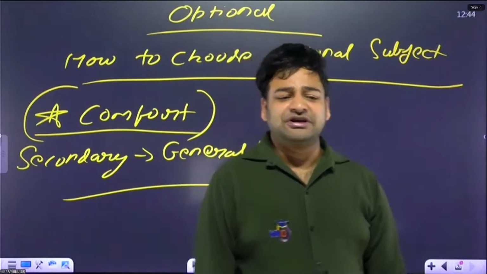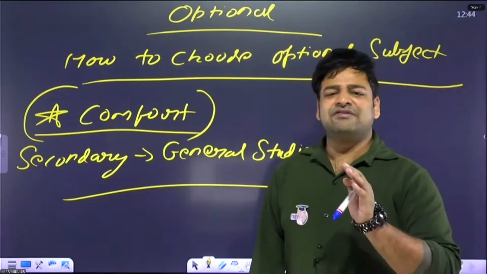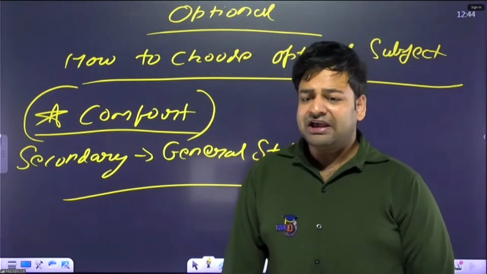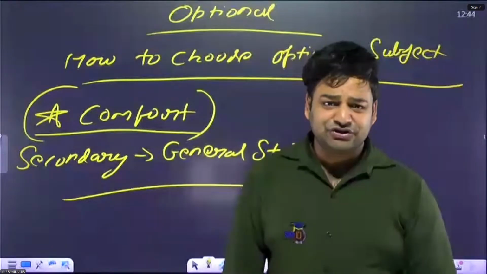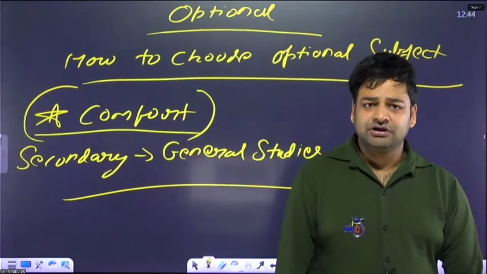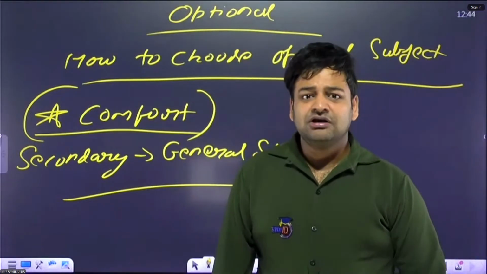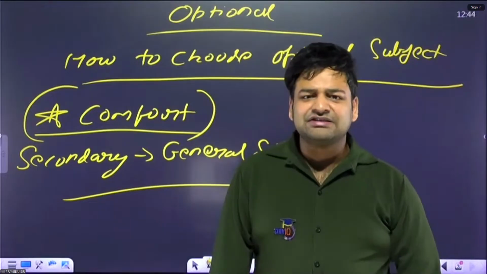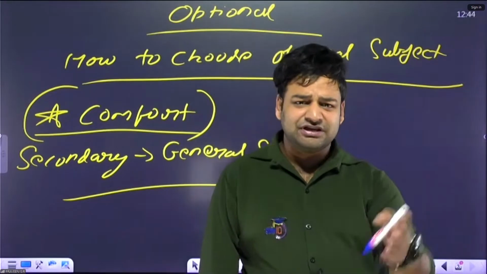The secondary thing you should take care of is whether the subject I'm taking has a GS relevance or not. If it has, well and good. If it does not have any relevance towards the GS subjects, leave it, no problem. Like mathematics is nowhere related to your general studies. Medical science is nowhere related to your general studies. It will provide you some 2-3% help in the biology segment.